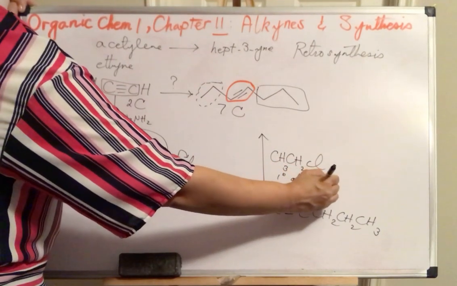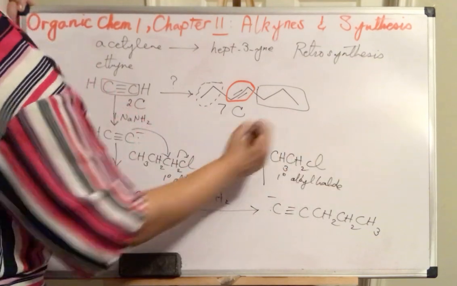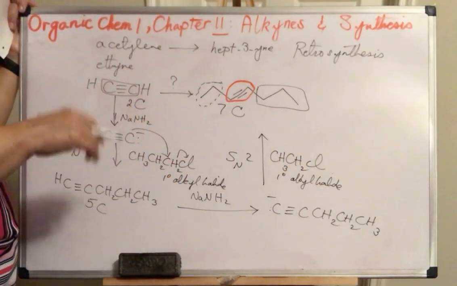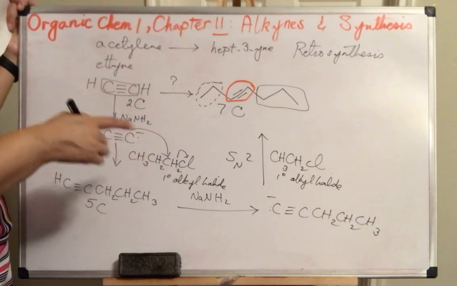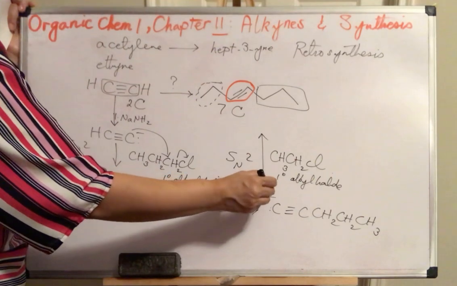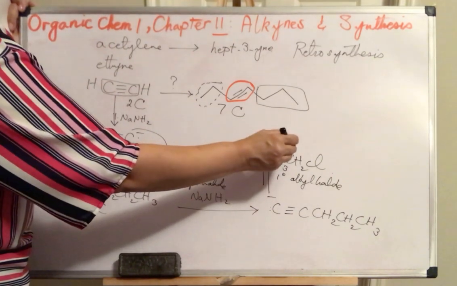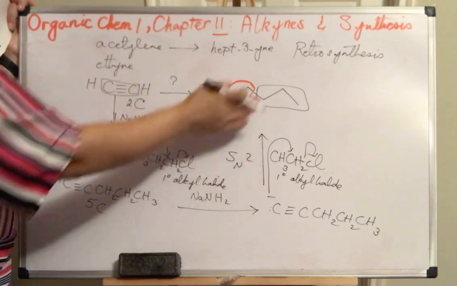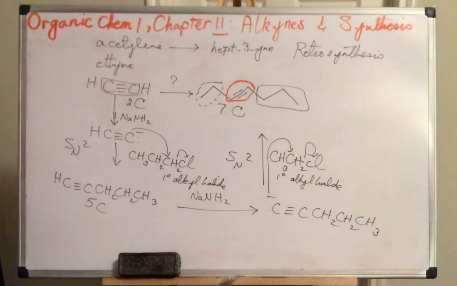So we will have another SN2 reaction. We have to be careful to take a primary alkyl halide to have an SN2 reaction. Otherwise, we will end up having an E2 reaction. So this carbon is going to attack this carbon and the bond opens on chlorine, and the final product is going to be what we need.